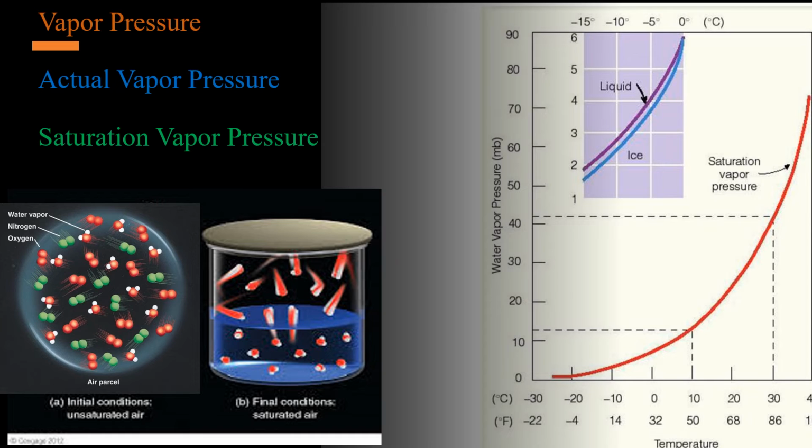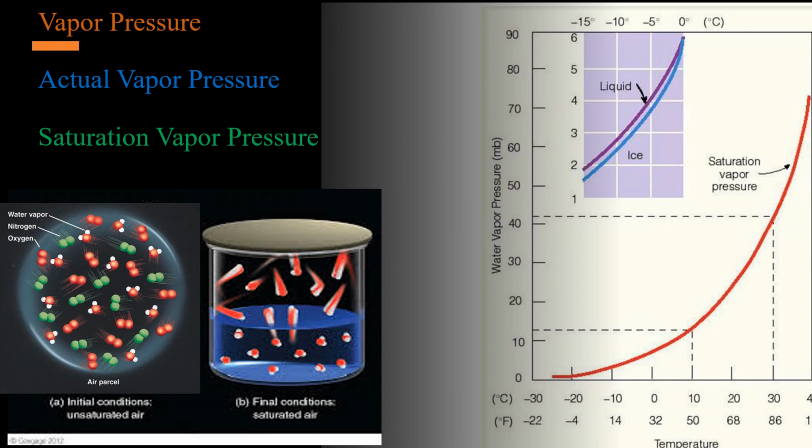Well, if we look at this graph over here, this is liquid, this is ice, and this line is telling us the saturation vapor pressure, and this horizontal line is temperature, and this vertical line is telling us the water vapor pressure in millibar.